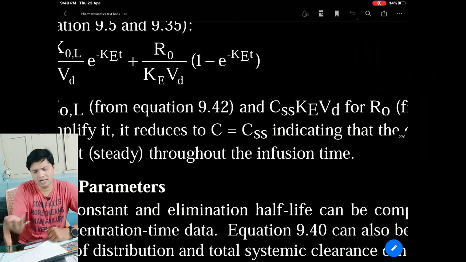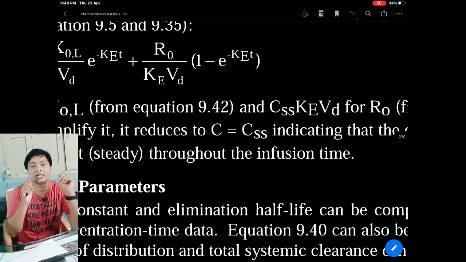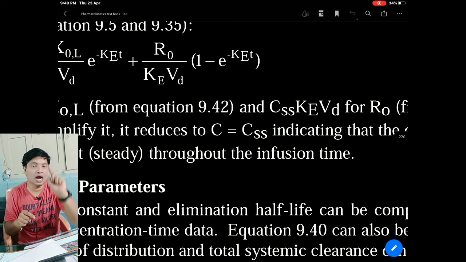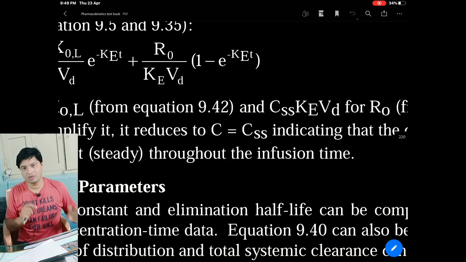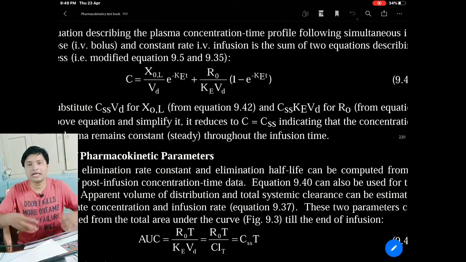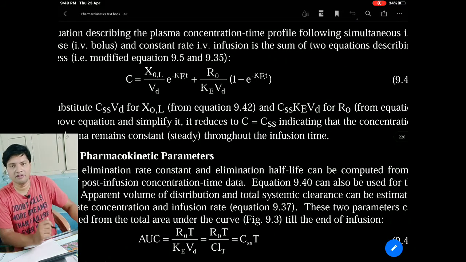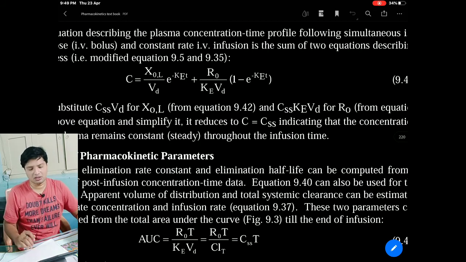If you cancel those terms, you will be left with C is equal to CSS. So if I substitute those things here, it indicates the plasma drug concentration at that time will be at steady state. So how will you get steady state concentration in one compartment IV infusion? You need to give these two equations. How to get the steady state concentration?